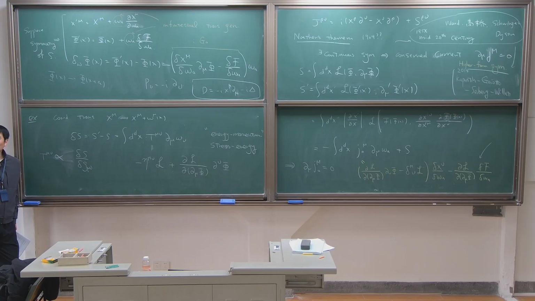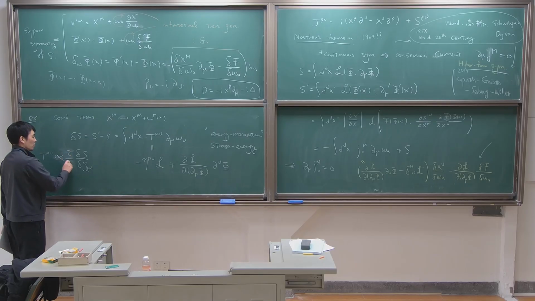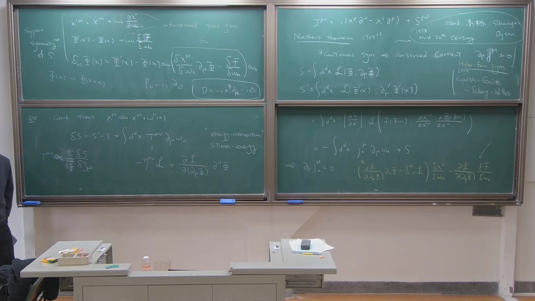How to normalize it? You just multiply by the square root of g. Is it okay? Is it the right way to derive?